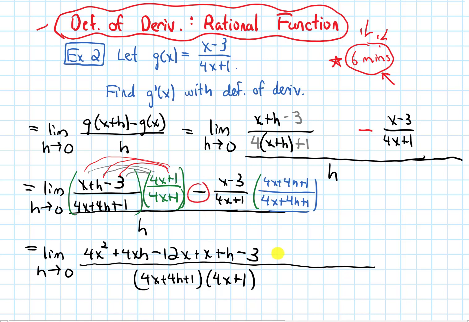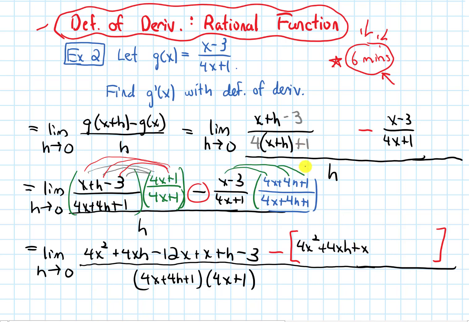This minus sign I have to write, and let me make sure that I don't forget to distribute it. So let's put a big bracket, and now let's distribute these other numerator terms. I have to do x minus 3 times 4x plus 4h plus 1. First let's distribute the x to each of these terms, and that'll give me 4x squared plus 4xh plus x.